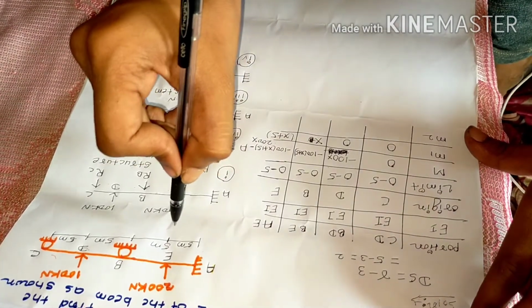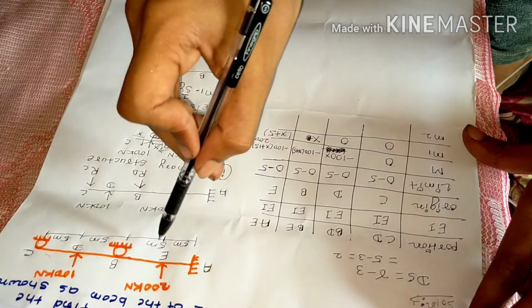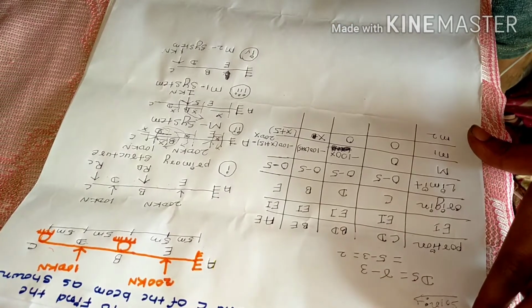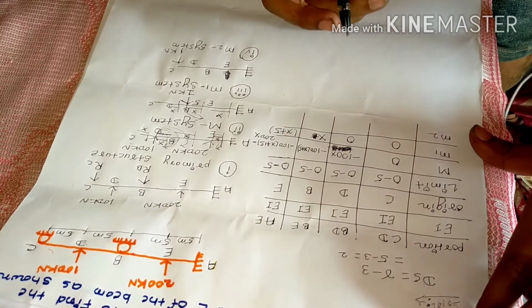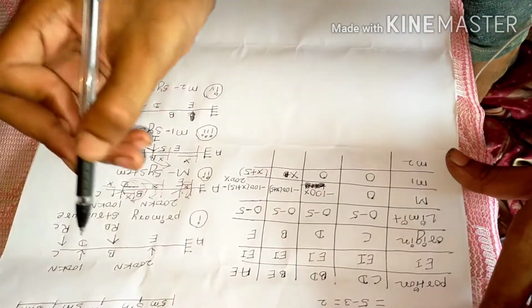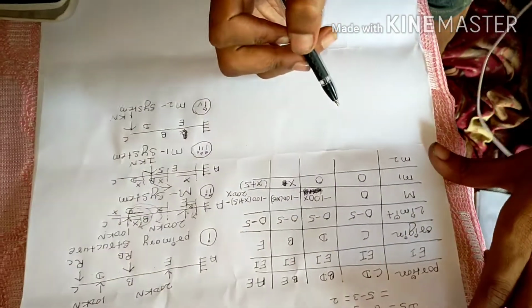So these unknowns will also be included in the moment, and that makes it difficult to analyze the beam. So always move from right to left in these types of beam or frame.